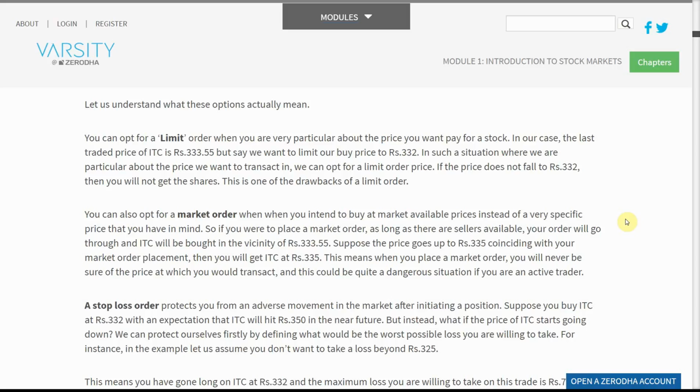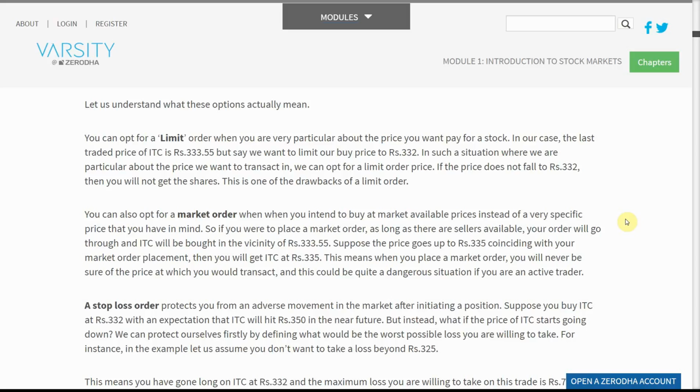A stop-loss order protects you from an adverse movement in the market after initiating a position. Suppose you buy ITC at 332 rupees with an expectation that ITC will hit 350 rupees in the near future. But instead, what if the price of ITC starts going down? We can protect ourselves firstly by defining what would be the worst possible loss you are willing to take.